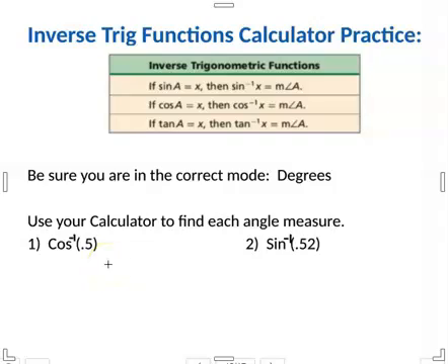So you hit second cosine, and on your calculator you should see cosine to the -1, and then plug in 0.5. When you do that, you should get 60 degrees. This is checking to make sure your calculators are set up correctly. Then go ahead and try to find the inverse sine of 0.52. When you do that, you should get 31.33.